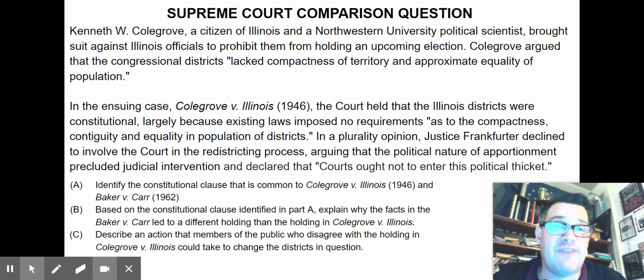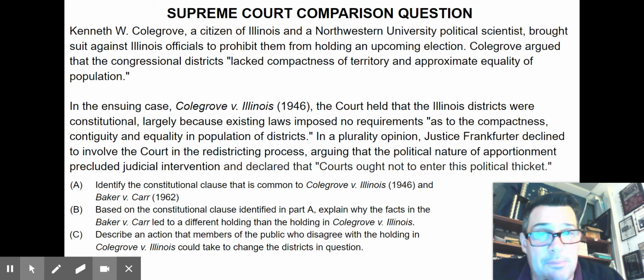So one, you state the facts of the case you know, then you're comparing it to the facts that you just read about. So in this case, Colgrove versus Illinois. So you've got to say why it's different. It could be that it says why it's similar. So it could be similar or different, compare and contrast. You get 2 points for this. 1 point for describing the facts accurately of the case we know, and then 1 point for saying accurately why it was either different or similar in the Supreme Court ruling.